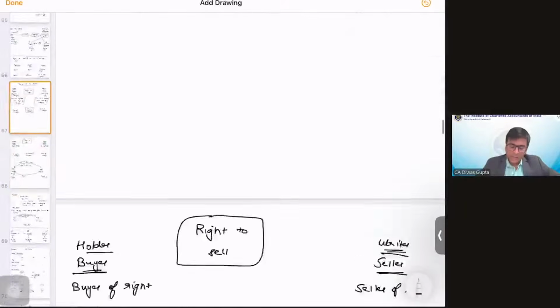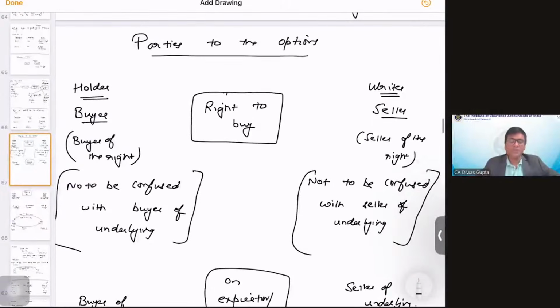Students, we also discussed the parties to the option. First of all, in right to buy, there are two different parties. One is the holder and another is the writer, or we can also call them the seller. The holder is also called the buyer. So the buyer of right to buy and the seller of right to buy.